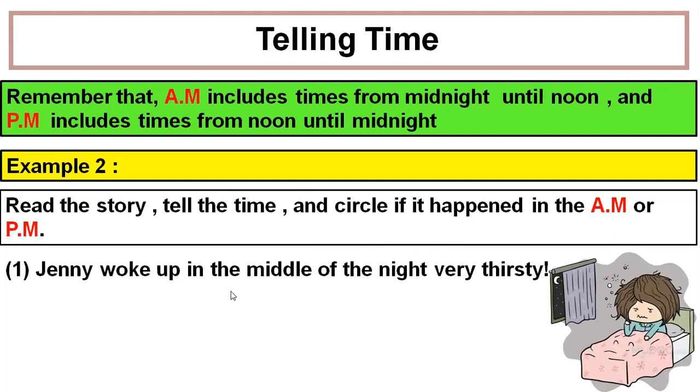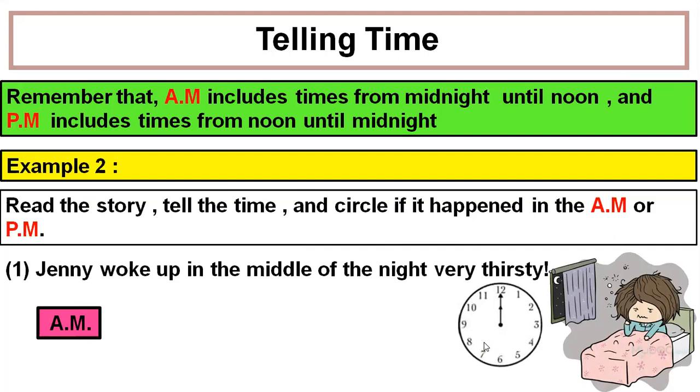He woke up in the middle of the night, very thirsty. Is the time when he woke up, midnight, AM or PM? What do you think? Remember, AM includes times from midnight till noon, PM from noon until midnight. So this is AM, yes, because that's night.